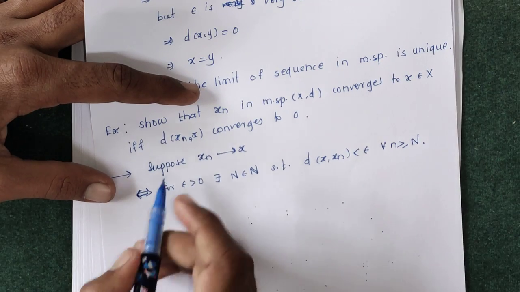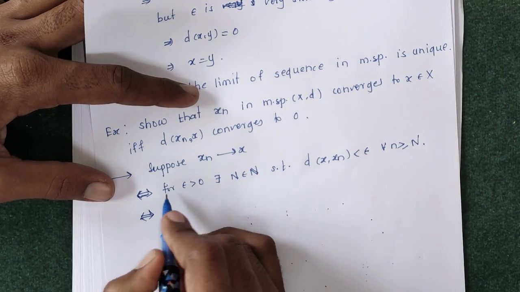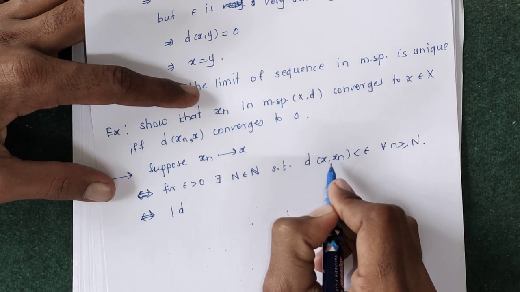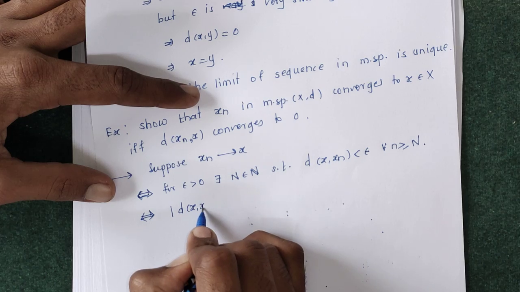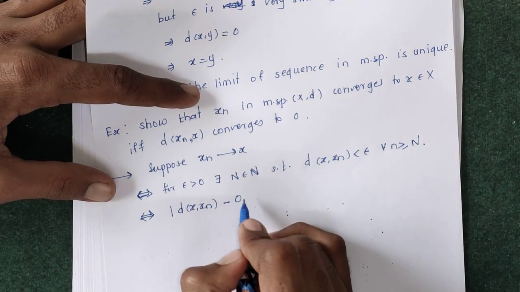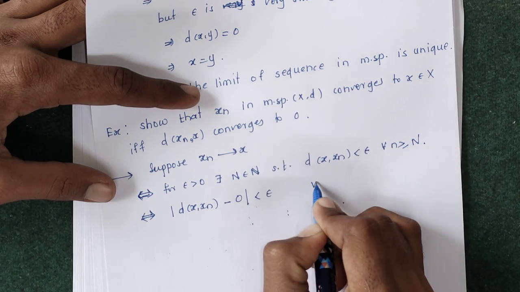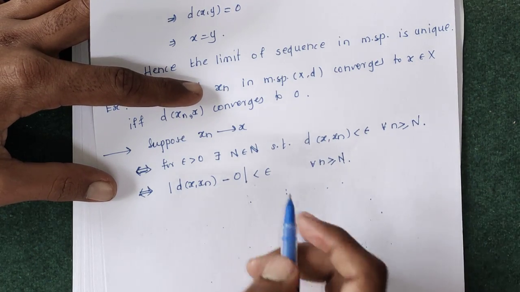This is the definition. Now, this is possible if and only if we can write the mod of the distance between x and xn minus 0 is less than epsilon for all n greater than or equal to n.